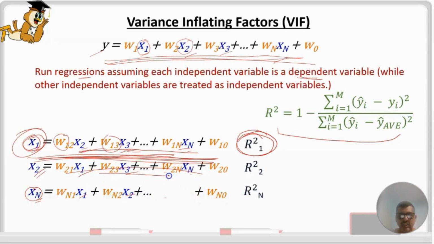For each of these regressions, after you are done, you find the corresponding R square score. So you would have n values of the R square score, and each of these R square scores would tell you how much of a linear relationship existed between that independent variable and the remaining independent variables.